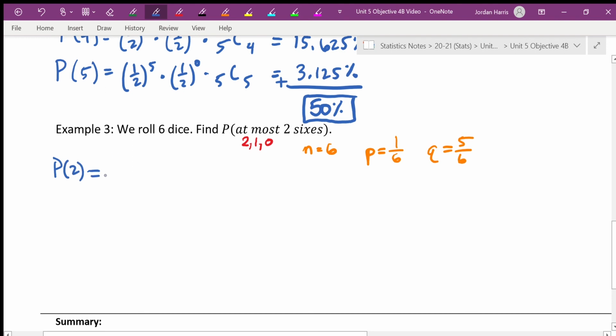It happened to be. Okay, so probability of getting 2 is 1/6 squared times 5/6 to the 4th times 6C2, which is about 20%.